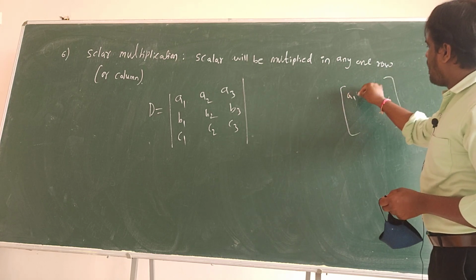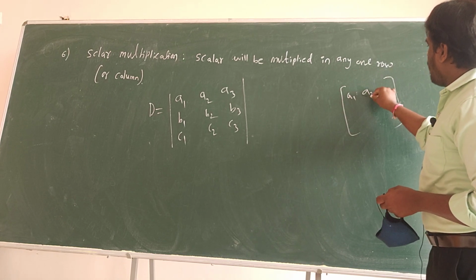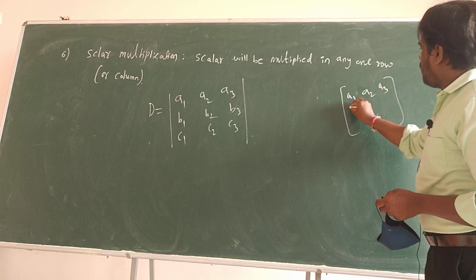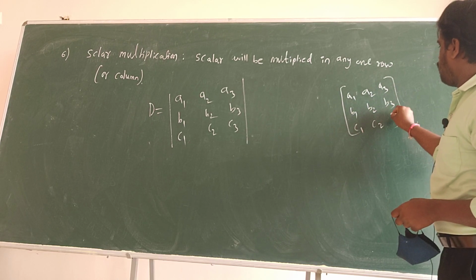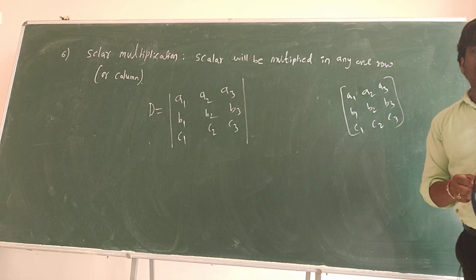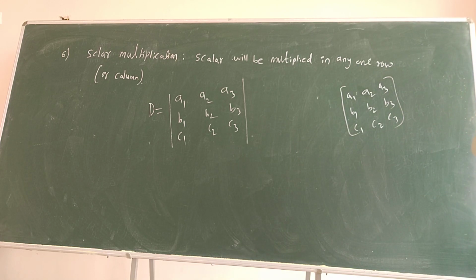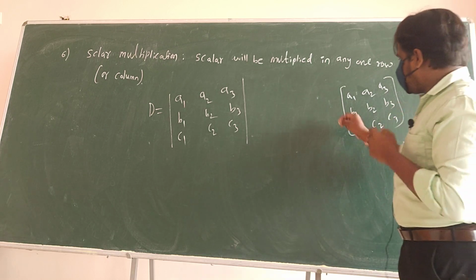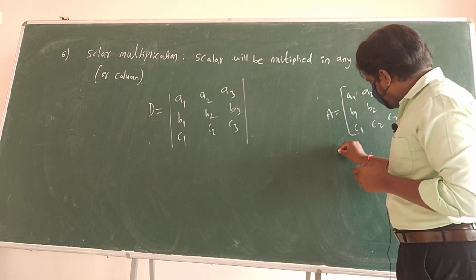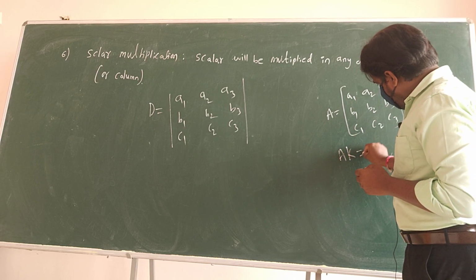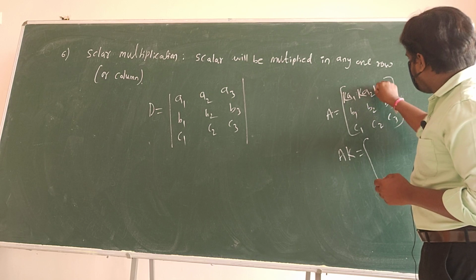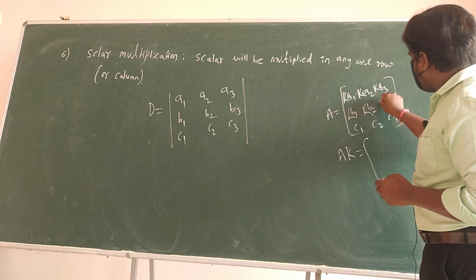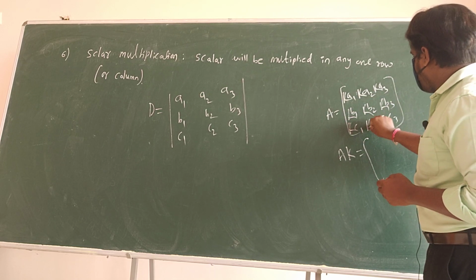If I multiply with any constant, I have to multiply with each element, correct? If this is a matrix and I multiply with K, I multiply each element by K.